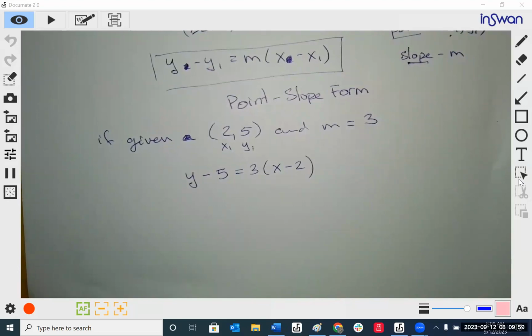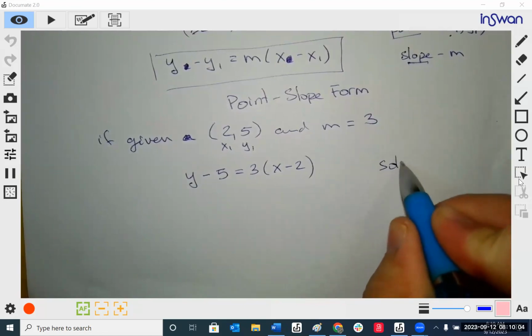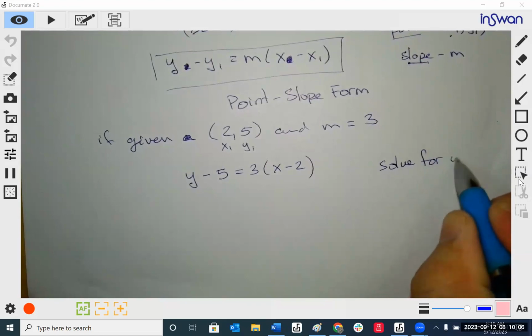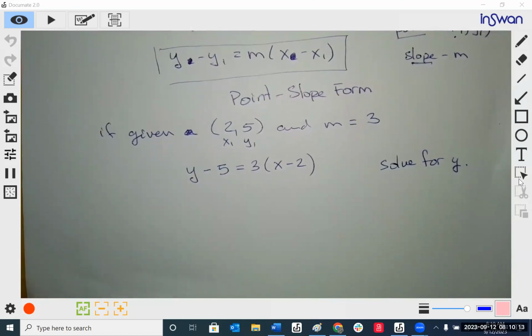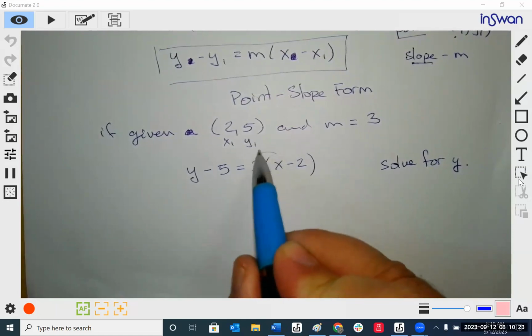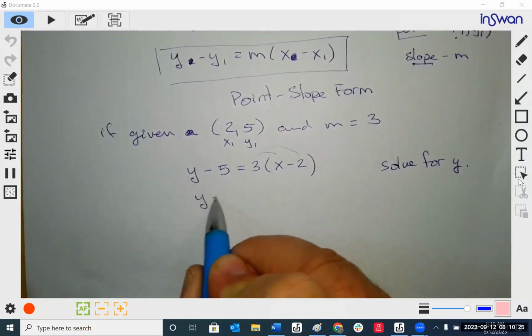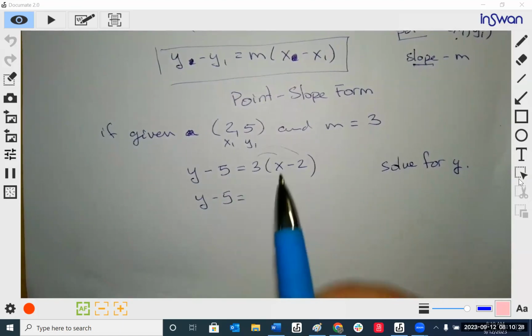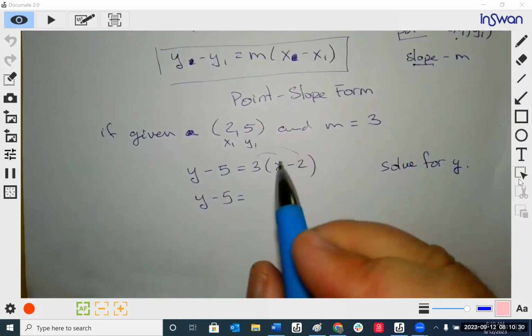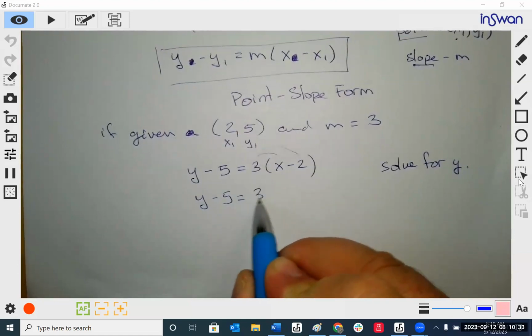Let's look at the second form. From here, solve for y. What's the first thing you have to do? Exactly. We have to get rid of the parentheses. So we have to distribute the 3. Because you can't do anything else unless all the parentheses are gone. So 3 times x is 3x.